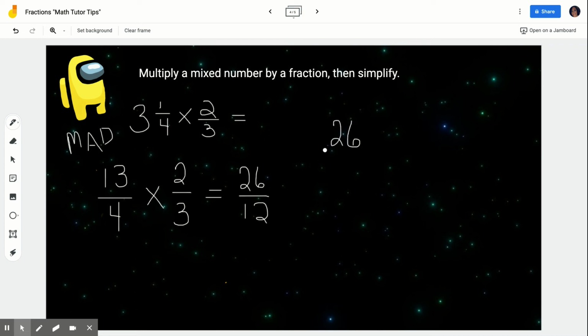26 divided by 12, I'm going to ask myself, how many groups of 12 can I make with 26? 2 groups of 12 would have the value of 24.